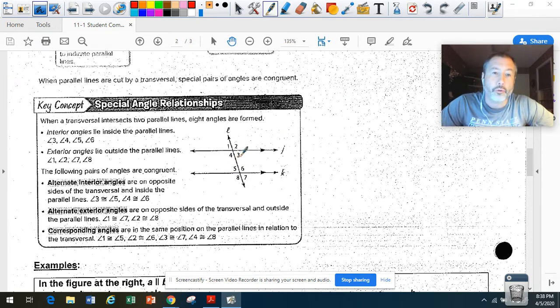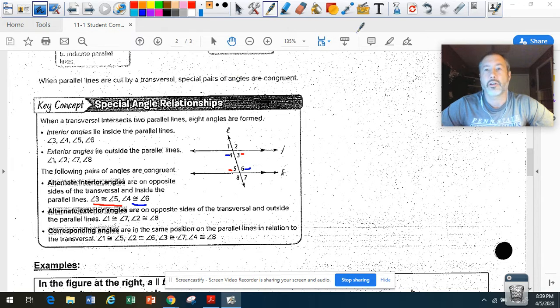So angle 3 is congruent to angle 5 because of alternate interior angles. Now let's look at angles 4 and 6. Angle 4 is congruent to angle 6 because they alternate across the transversal, and they are interior. They are alternate interior angles also, which means they are congruent.